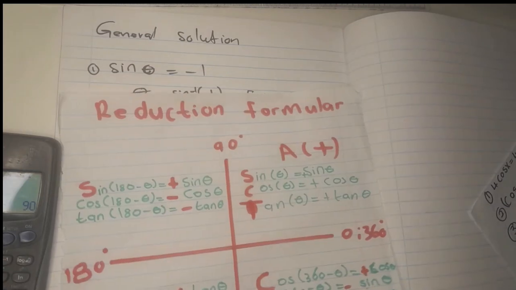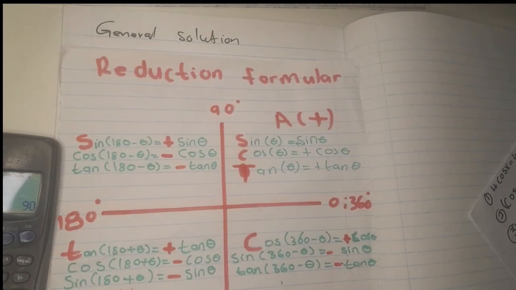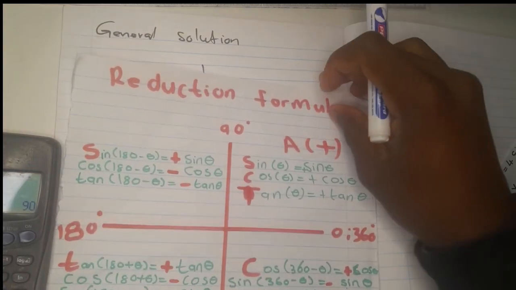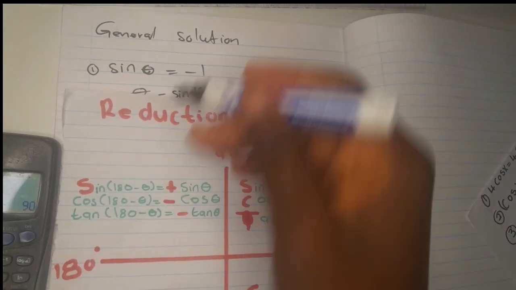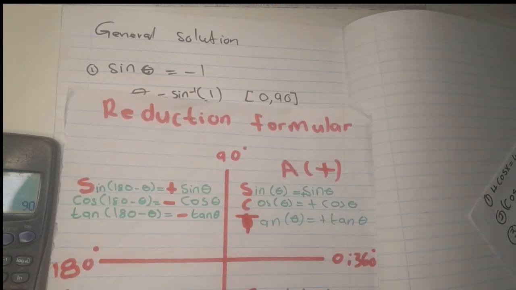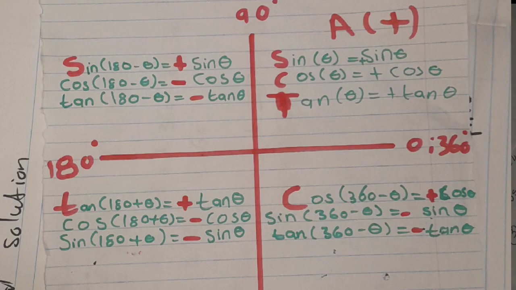So how do I get my answer then? From here, I ask myself, in which quadrant is sine negative? As we can see, sine is negative in the 3rd quadrant and the 4th quadrant. Here it's negative and here it's negative.